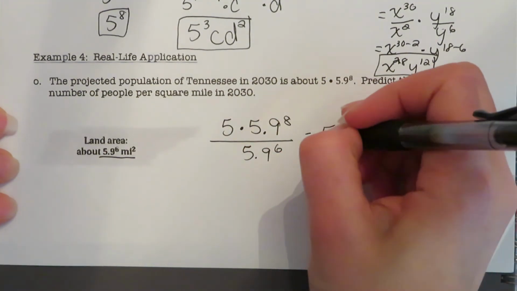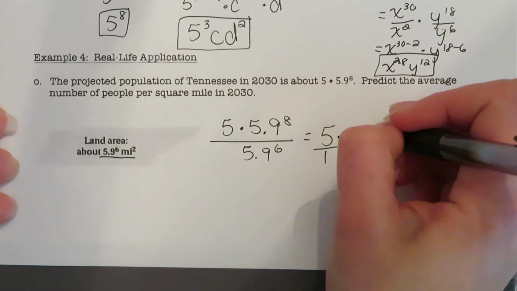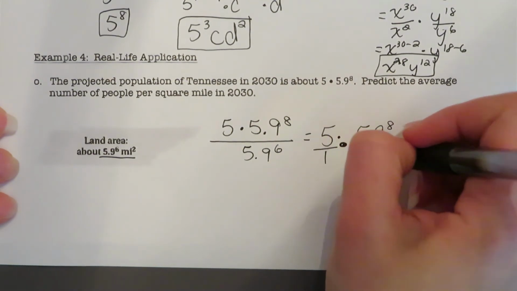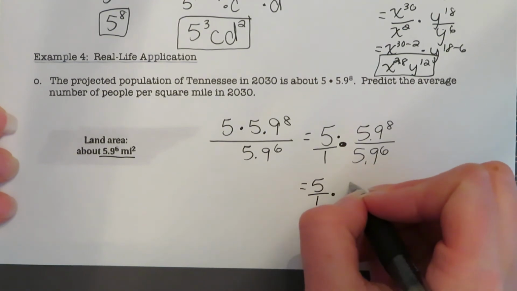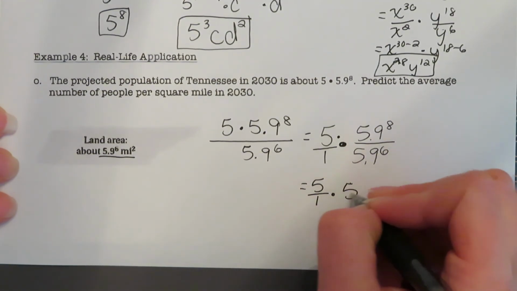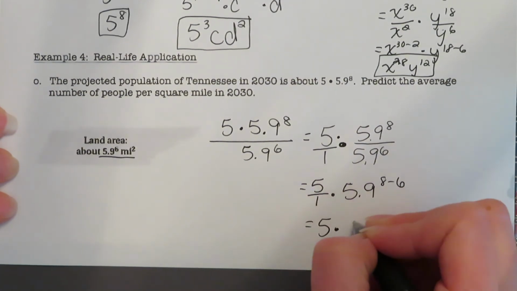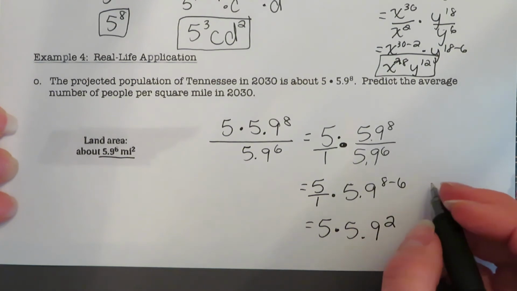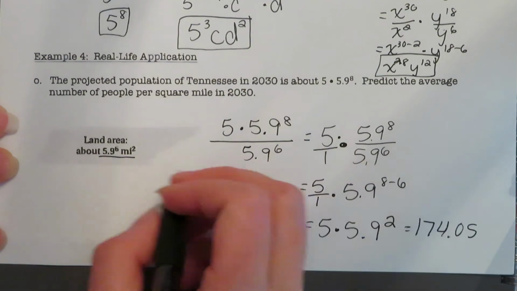Make them into two fractions. 5 divided by 1 times 5 and 9/10 to the 8th divided by 5 and 9/10 to the 6th. So that's 5 divided by 1 times 5 and 9/10 to the 8 minus 6. So that's 5 times 5 and 9/10 to the 2nd power. This equals 174 and 5/10.